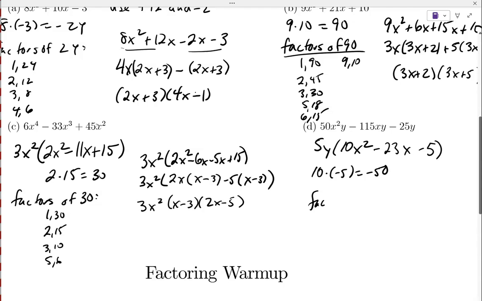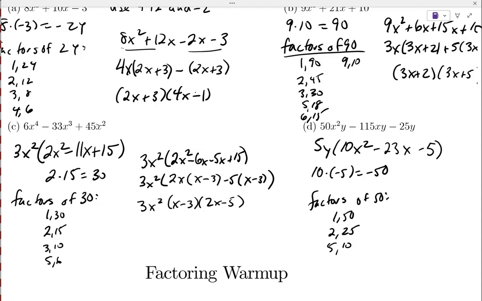We do our factors of 50. 1 and 50 work. 2 and 25 work. 3 doesn't work for 50. 4 doesn't go into 50. 5 and 10 works. 6 doesn't work. 7 doesn't work. 8 doesn't work. 9 doesn't work. I think that's it. So those are the only pairs that we have.